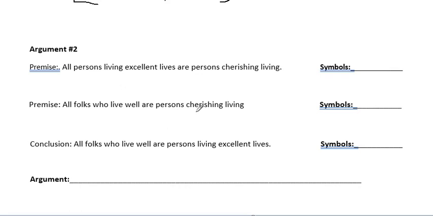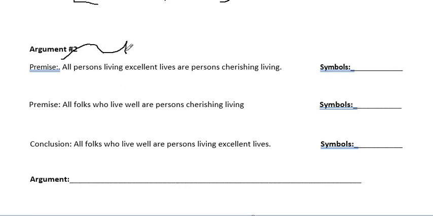All folks who live well are persons cherishing living is the second premise, and then the conclusion is all folks who live well are persons living excellent lives.